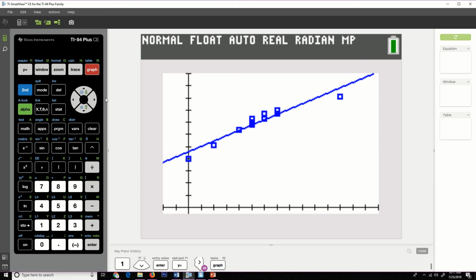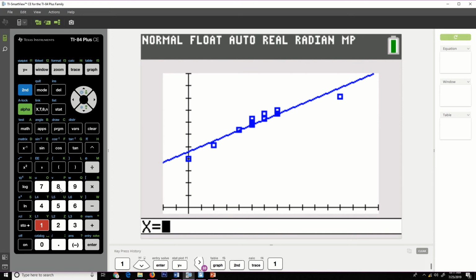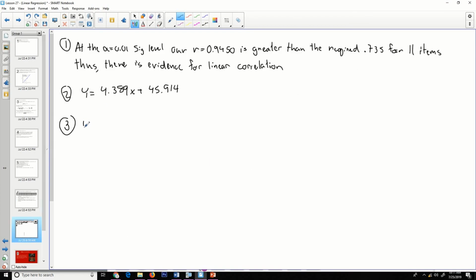If I wanted to evaluate x equals 8, I can go second, then trace, hit 1 for value, and plug in 8, and we would get 81.0203. So when x equals 8, the predicted y is equal to 81.03. They want us to interpret the results in the context of the problem.